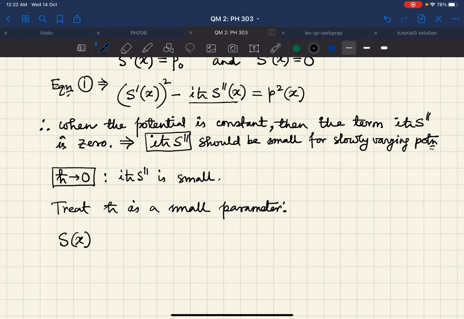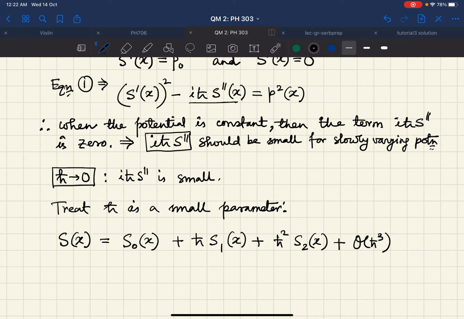That means we write this as S of x equal to S0 of x plus ħ S1 of x, where S1 of x is the first correction, plus ħ squared S2 of x, where S2 of x is the second correction, and so on and so forth, and then there will be higher order terms.